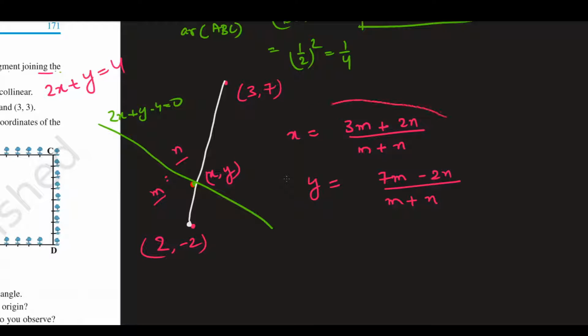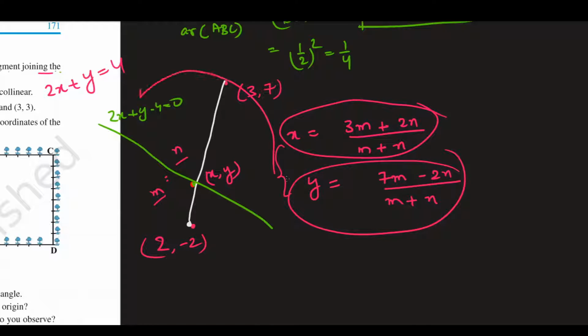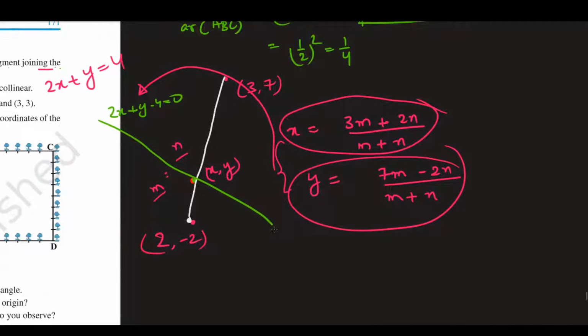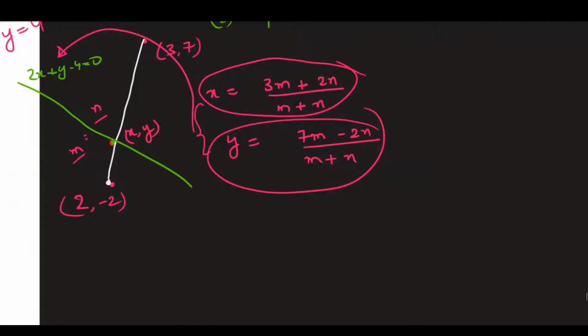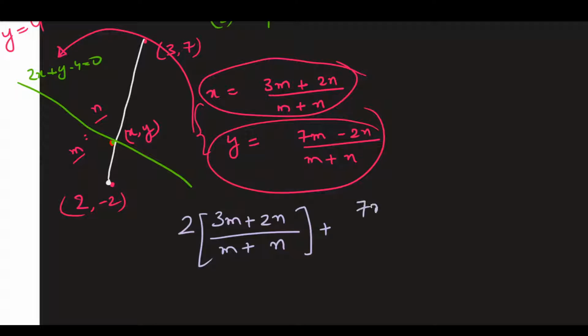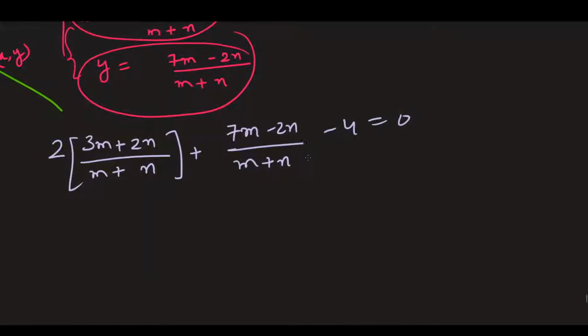Now put this x and this y both in this equation, which means that 2 into (3m plus 2n) upon (m plus n) plus y, that is (7m minus 2n) upon (m plus n), minus 4 is 0. Now you have to solve this.